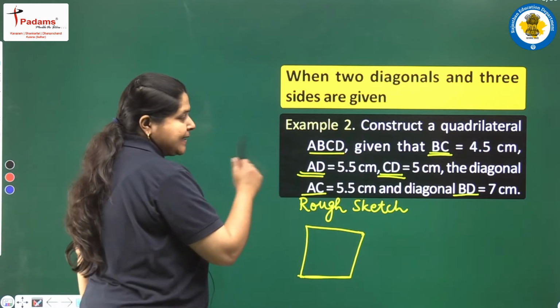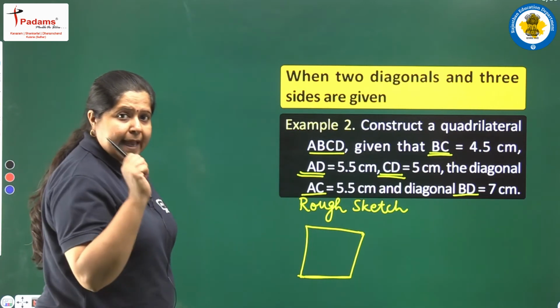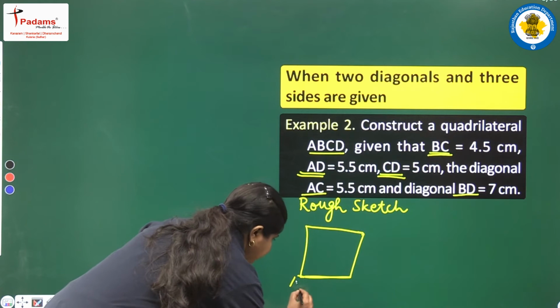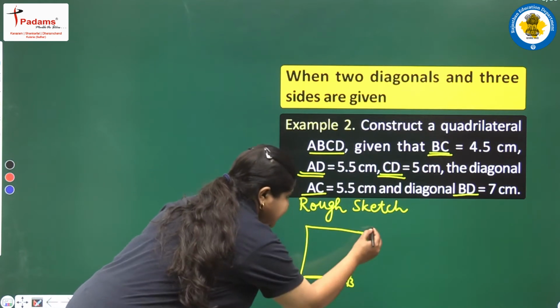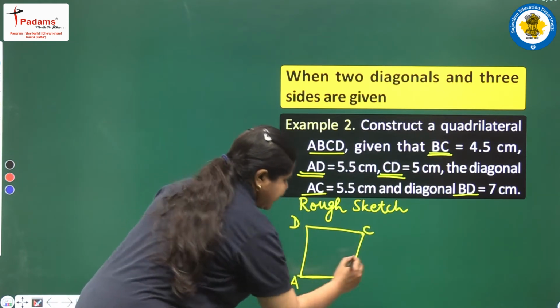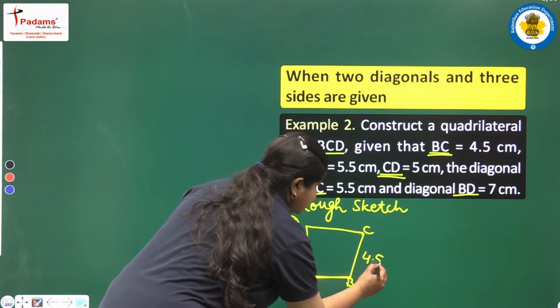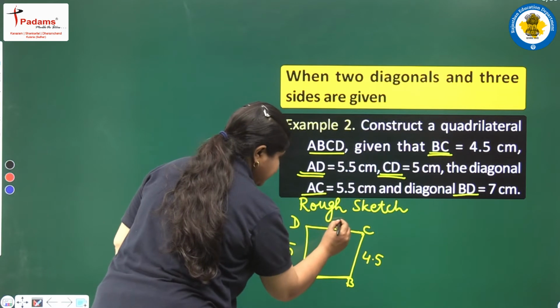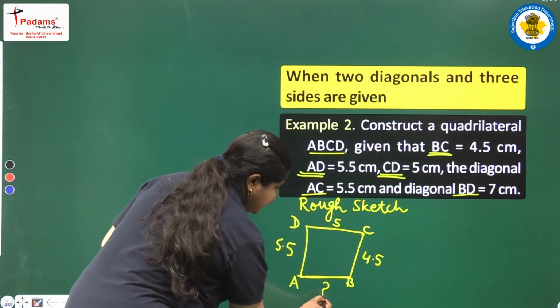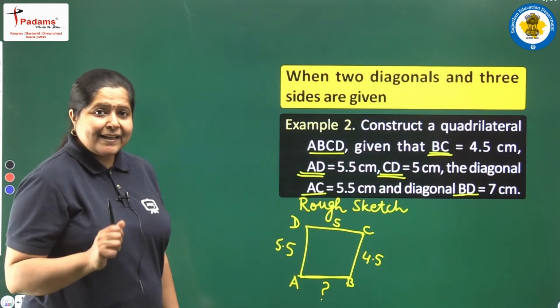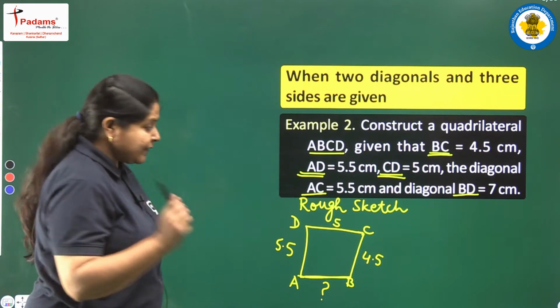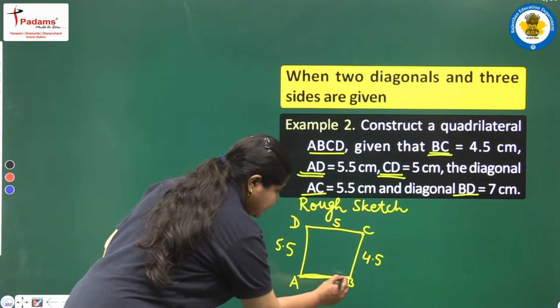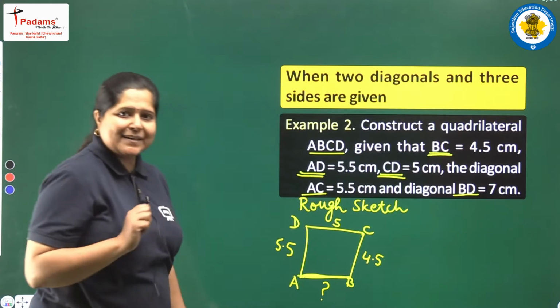Here in this case side AB is unknown to us, and if I write it in this way ABCD and write the measurements as this one 4.5, this one 5.5 AD and then CD as 5, then this side is unknown to us, and then it will be difficult for us to even start the construction because we don't know this bottom line segment.